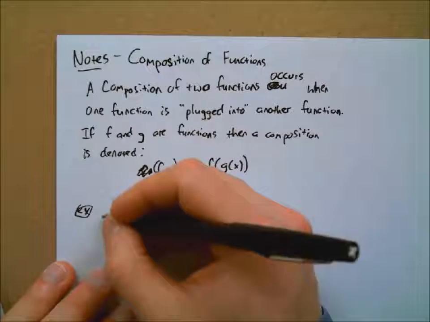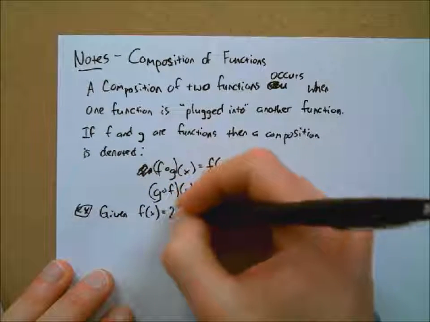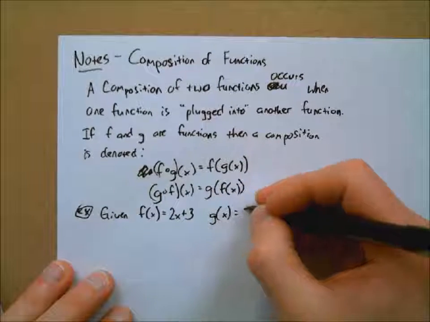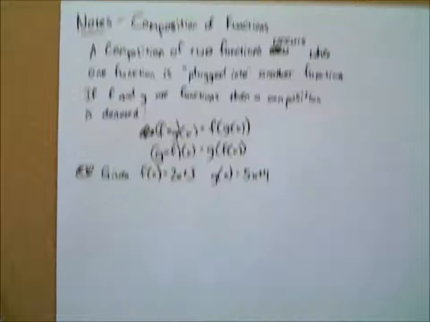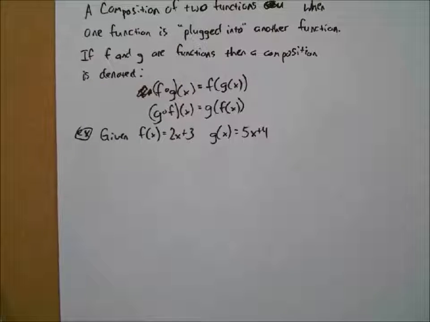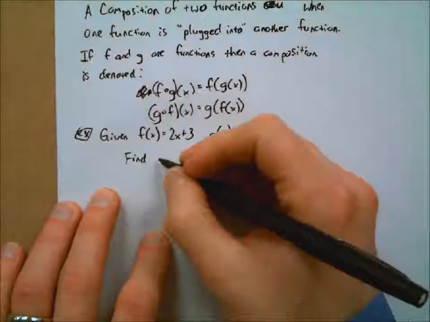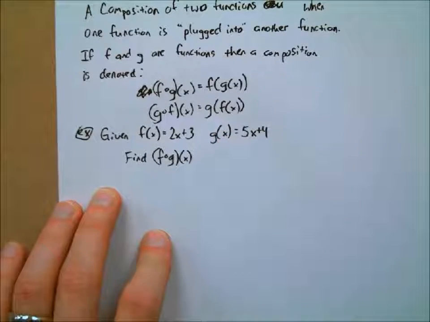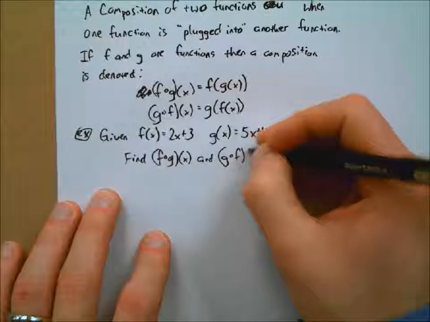So given f of x equals 2x plus 3, and g of x equals 5x plus 4. Okay, so there are our two functions. And let's go ahead and use those to find f of g of x, and then we'll also find g of f of x.